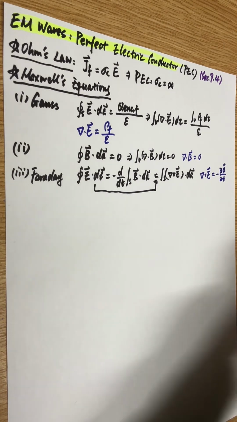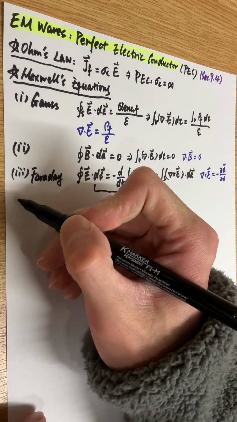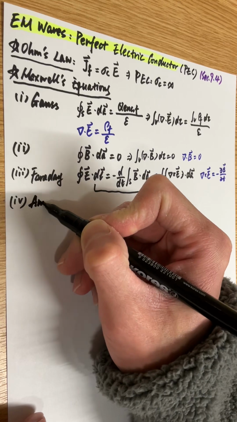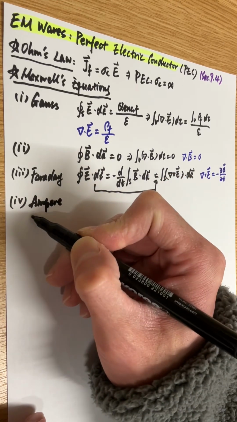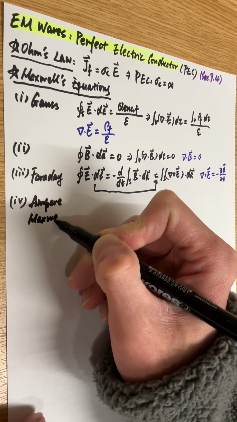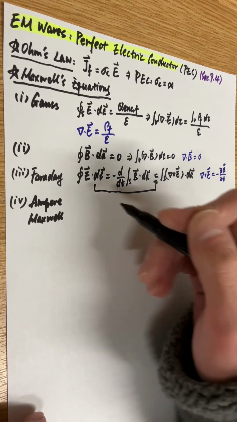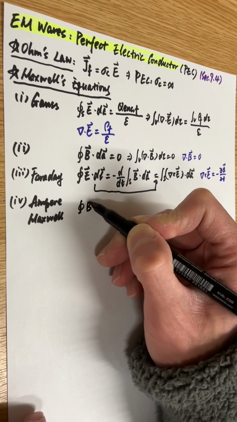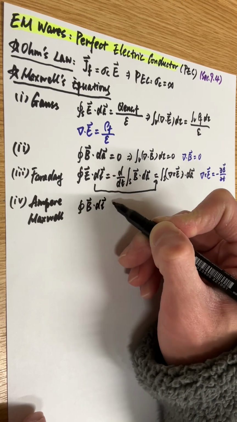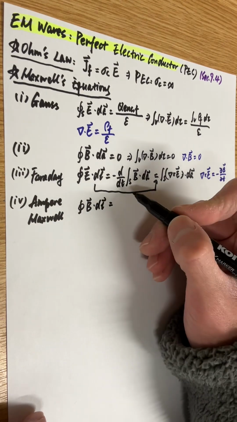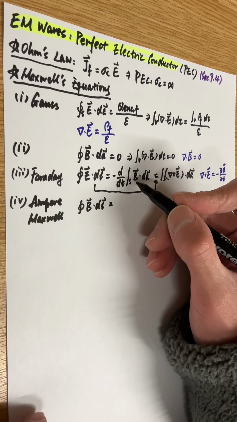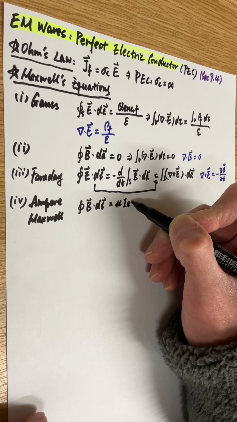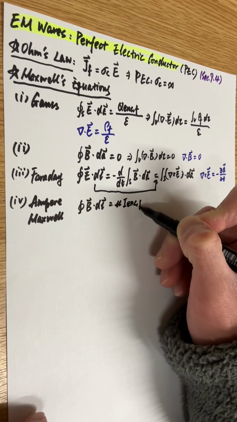Okay, the last one. We have Ampere's law, and we also have Maxwell's correction. So this tells us that the closed line integral of the B field equals, Ampere's law tells us, mu times the total free current enclosed.